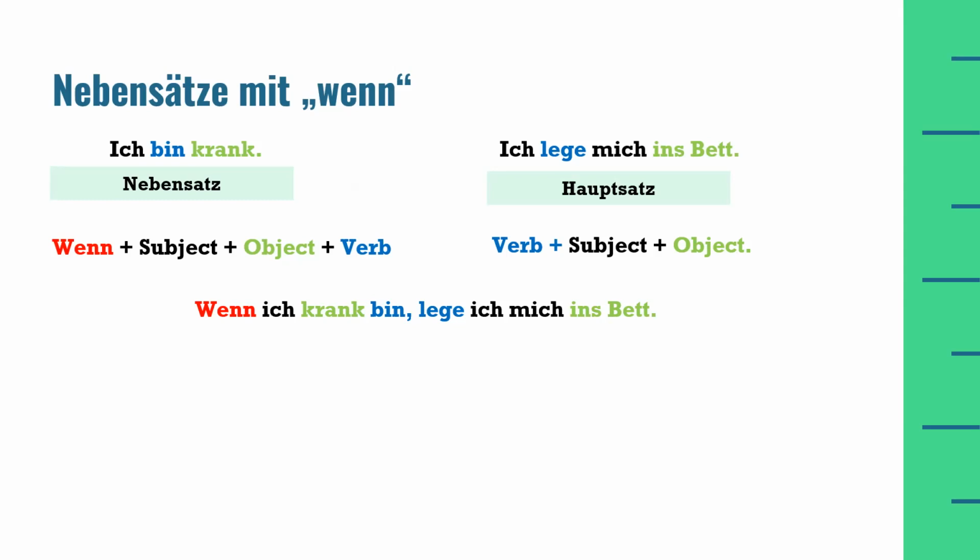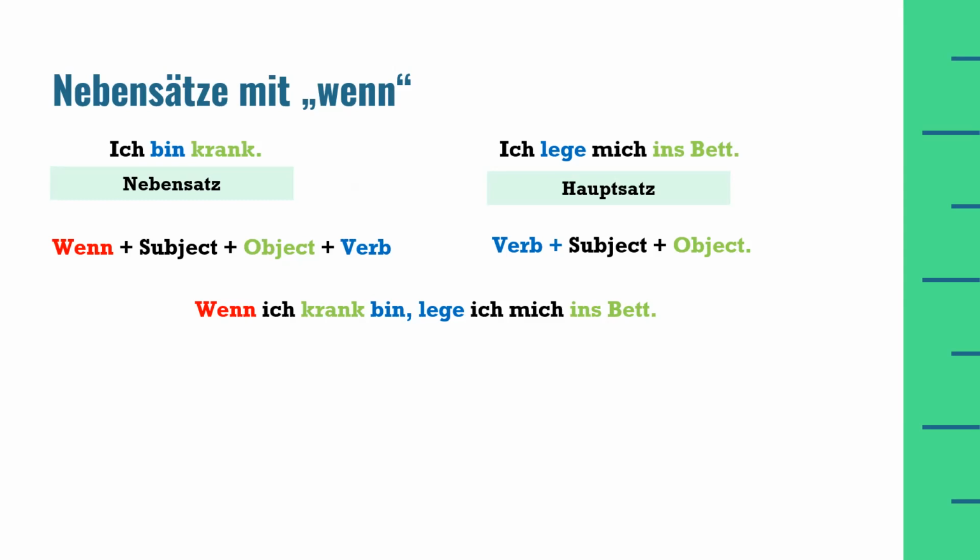Wenn ich krank bin, then we put a comma and give a space and then start the Hauptsatz with verb. Now we have to conjugate this verb according to the subject of Hauptsatz. Now it means that the verb will come first and subject will come at second position.